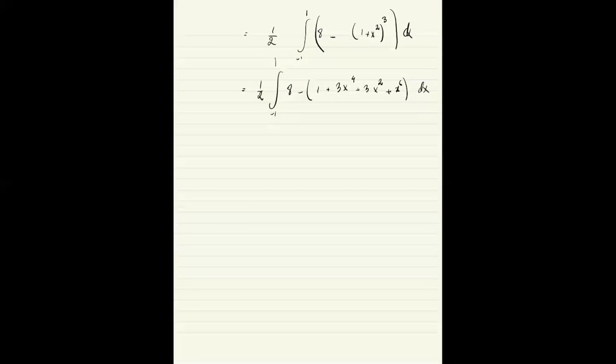Nothing hard, you just compute it, and it gives 184 over 35. Okay, so that's the answer.